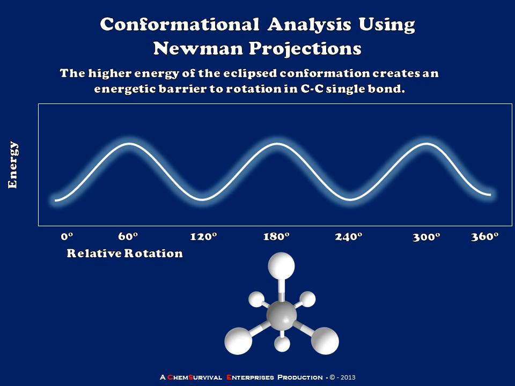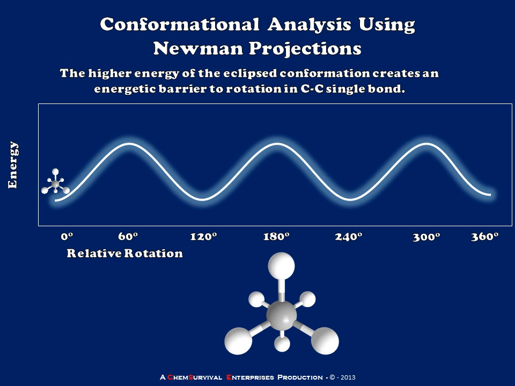Right now, as I've drawn it, the hydrogen atoms on the back are as far away as they can possibly be from those hydrogen atoms on the front. This is because the bond dihedrals are 60 degrees, and we call this a staggered conformation. Staggered conformations are the lowest energy conformers possible because those substituents have as much space as possible available, so there's no steric clashing.